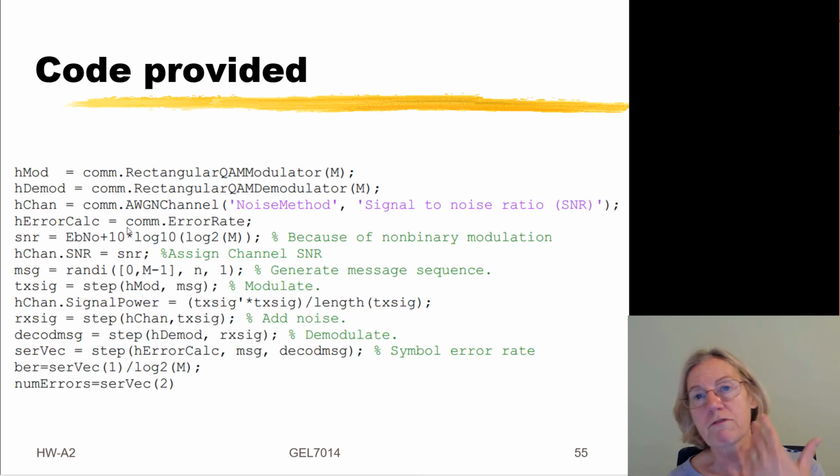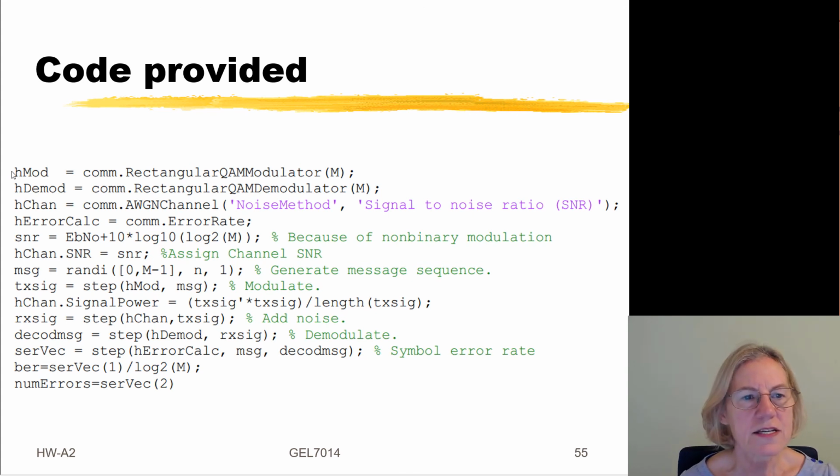So I'm going to be providing you with the code for these ideal components. And this is the code. It comes from a demo in MATLAB. And we can see that it uses these modulator and demodulator commands. So there's a QAM modulator and a QAM demodulator. And there's a command to add additive white Gaussian noise.